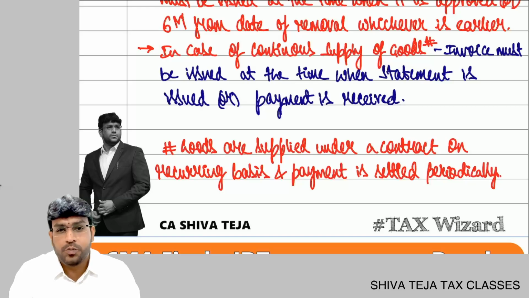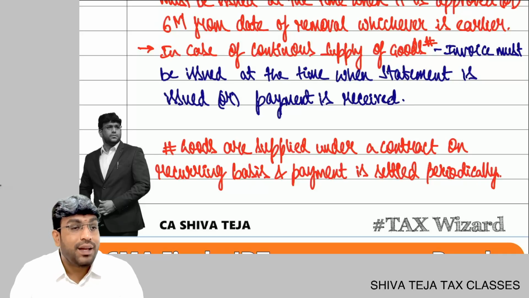And continuous supply of goods means goods are supplied under a contract on a recurring basis. Recurring means continuously. And payment is settled periodically.